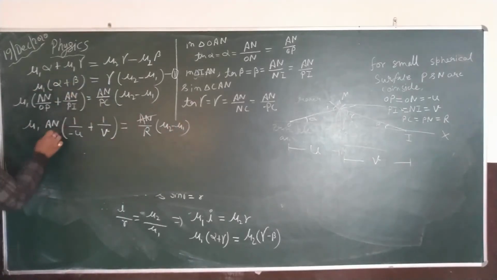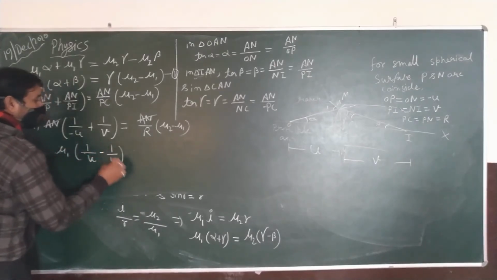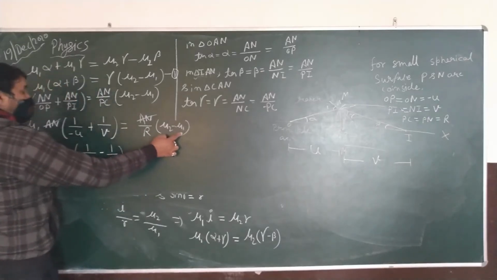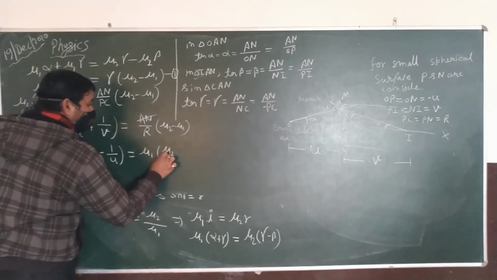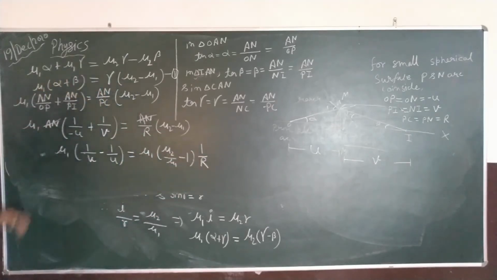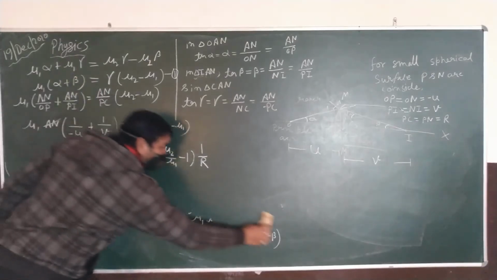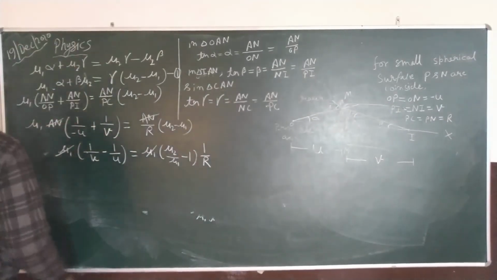Now this AN is cancelled by each other, then we get mu1 into 1 upon v minus 1 upon u is equal to, take mu1 as common from here, we get mu1 into mu2 upon mu1 minus 1 into 1 upon R. Clear or not? Now this mu1 is cancelled and we get the final result. Okay, yes, it is correct.